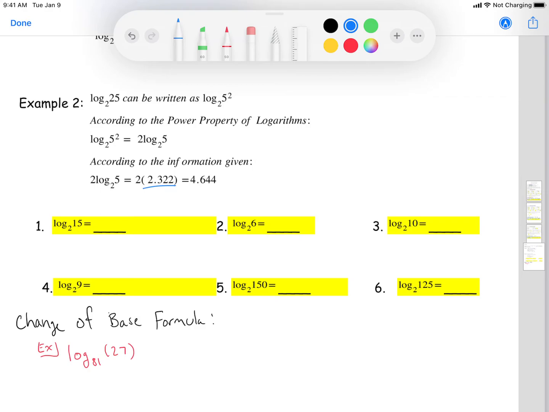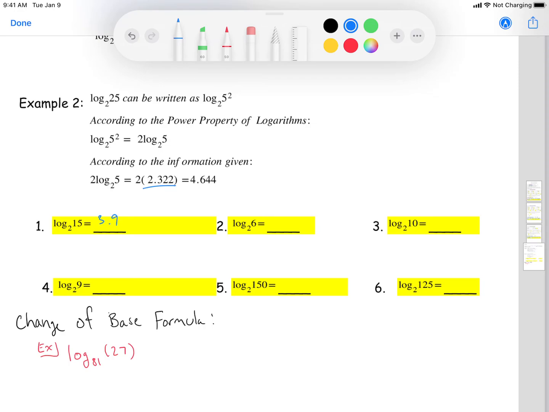All right, so let's look at number 1. So log base 2 of 15. Who can give me a value of what you think this is? 4.51544993496. I don't know how you got that, but unfortunately that is not correct. 3.907.